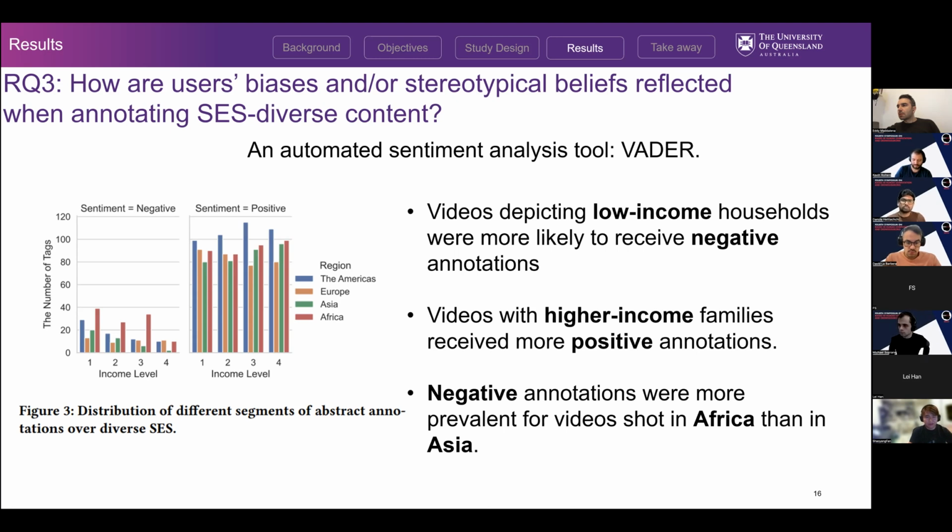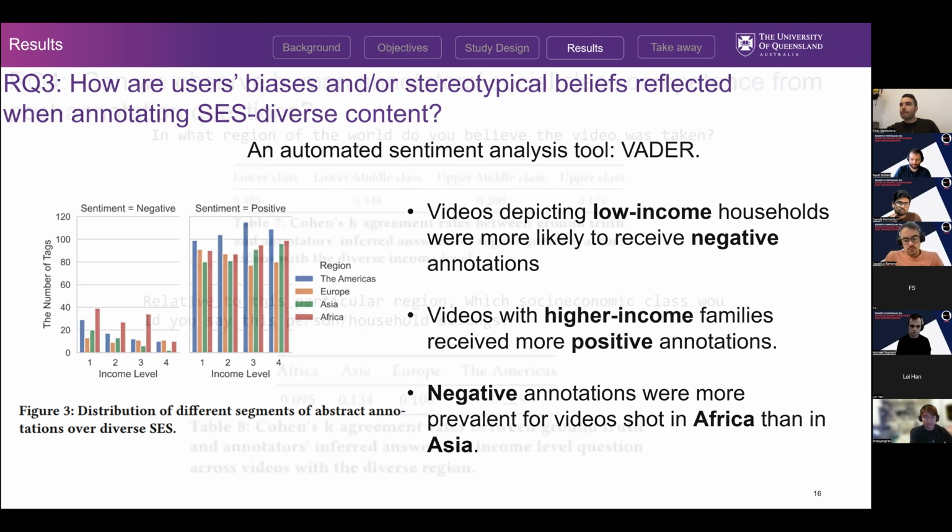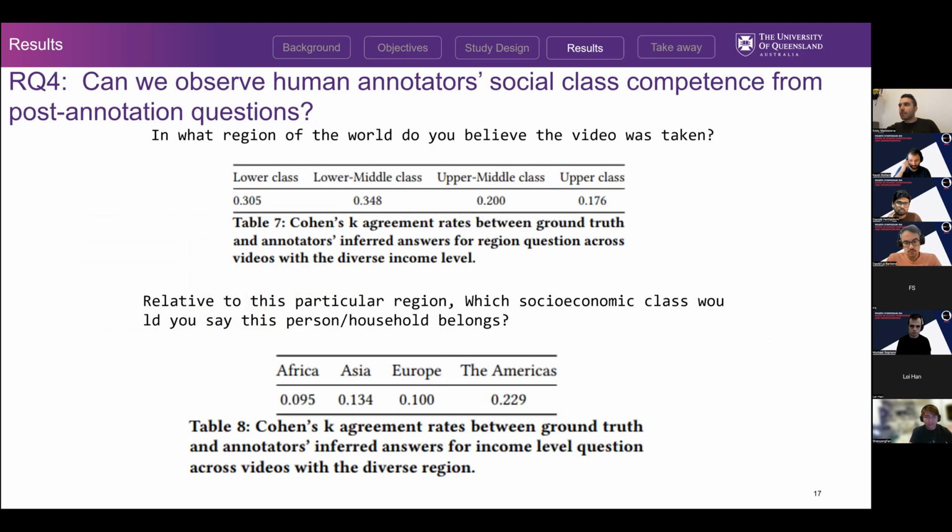And we found low-income families receive more negative words, and high-income families receive more positive words. And negative words show more frequently for families in Africa rather than families in Asia.